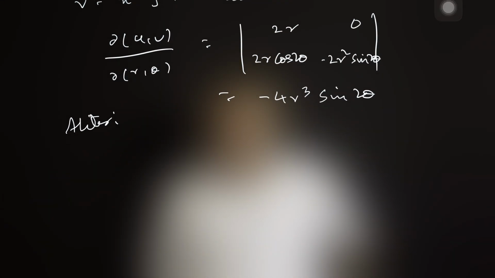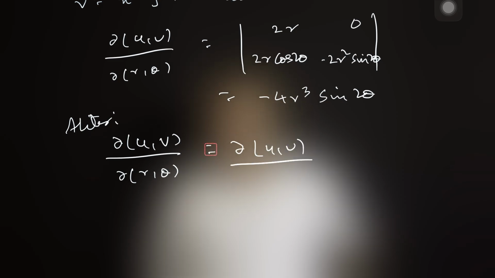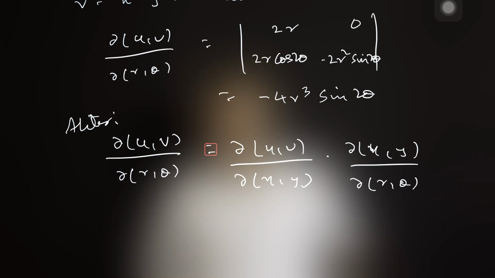So, let us try to do this in a better fashion. I can also write ∂(u,v)/∂(r,theta) is equal to ∂(u,v)/∂(x,y) into ∂(x,y)/∂(r,theta). You can use this technique also and find the solution.